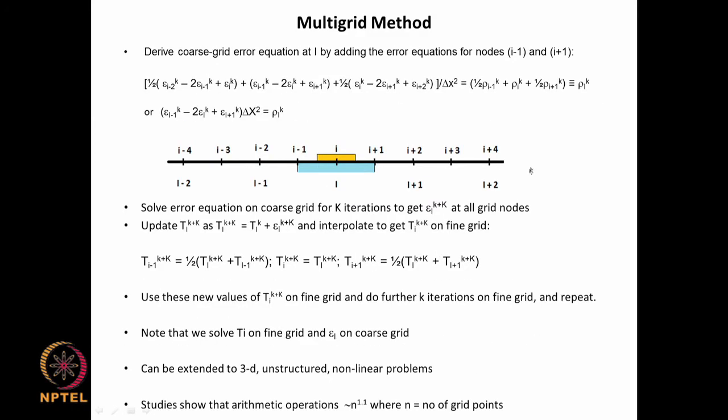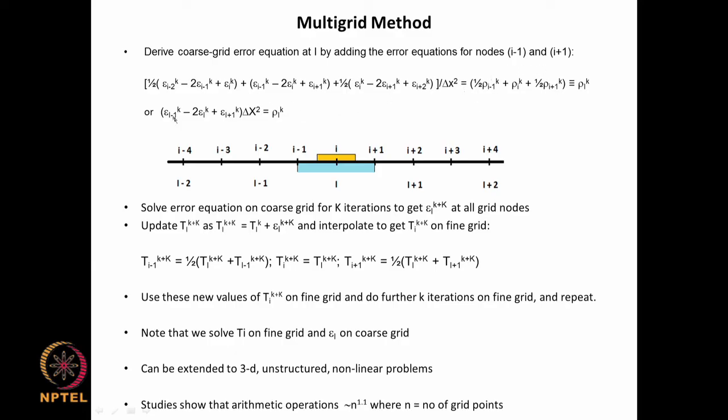Okay. So, with the known right hand side we solve for error at each of these points on the coarse grid. We solve this coarse grid error equation for capital K number of iterations, with the residual prolongated from the fine grid.